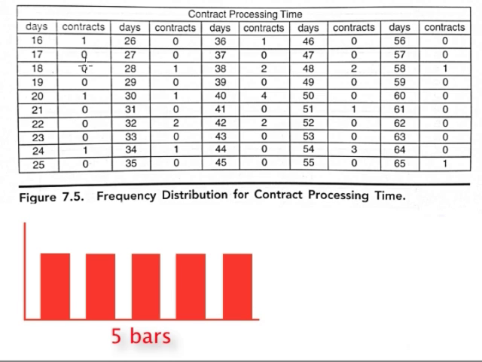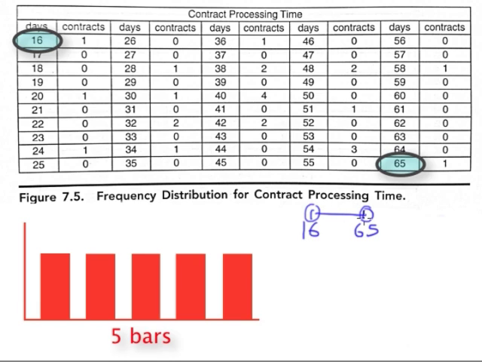Now let's have a look at our table. We have 16 days as the minimum number of days and the maximum number of days is 65. So if you consider the range between these two extremes, we go from 16 all the way to 65. Now we also need to include these endpoints.